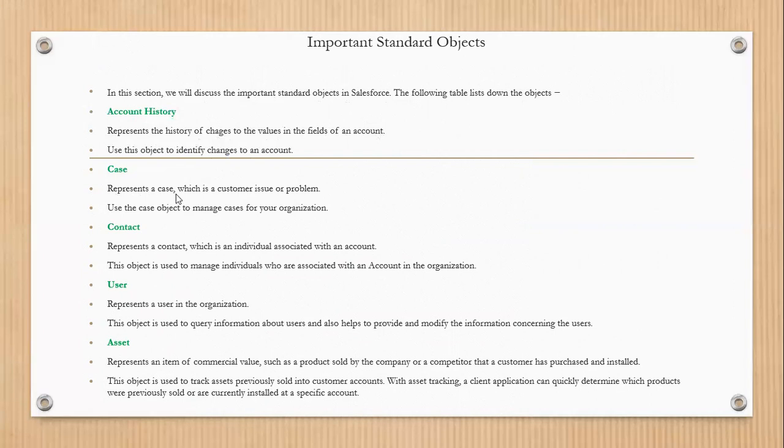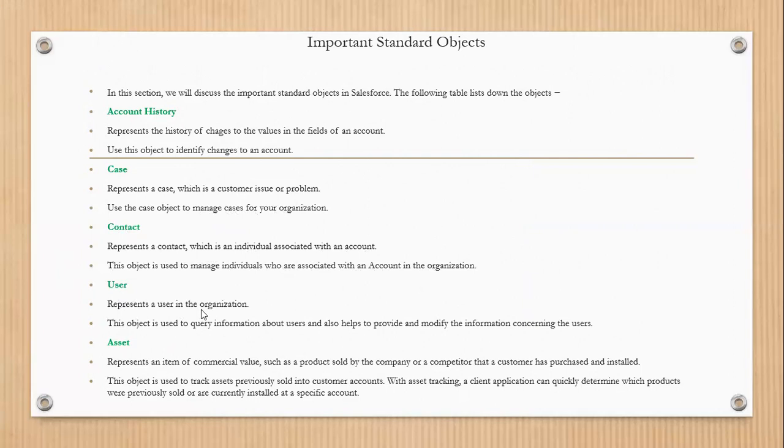Case represents a case, which is a customer issue or problem. Use the Case object to manage cases for your organization. Contact represents a contact, which is an individual associated with an account. This object is used to manage individuals who are associated with the account in the organization.